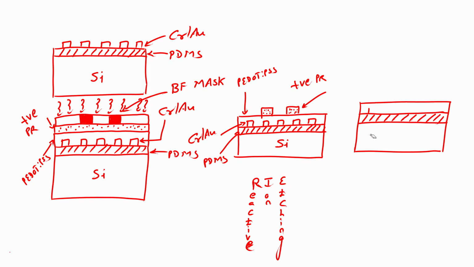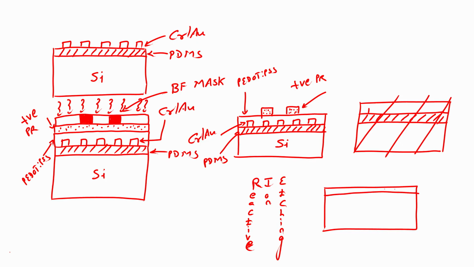Okay, let me redraw it, so it becomes easier. Let me redraw it here. I will have my wafer. So, let us not consider this particular diagram. This is my PDMS, then interdigitated electrodes, and then I will have my strain gauge.